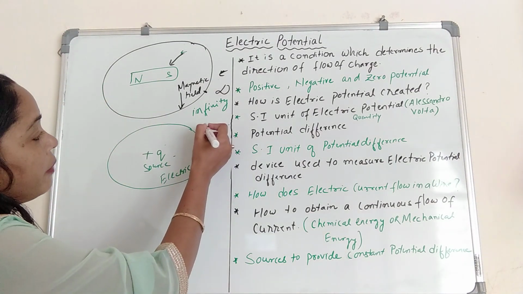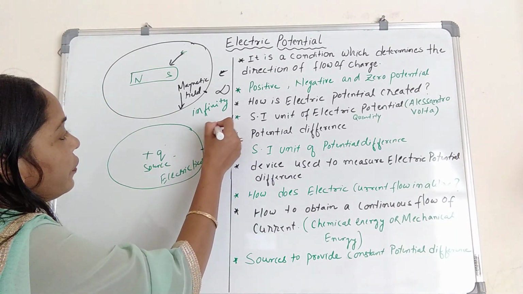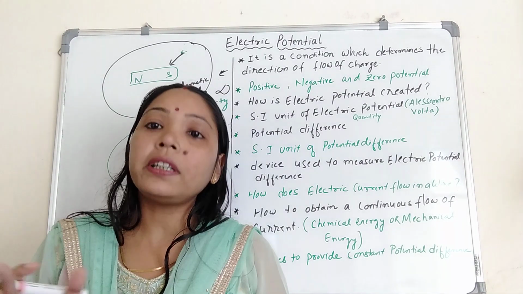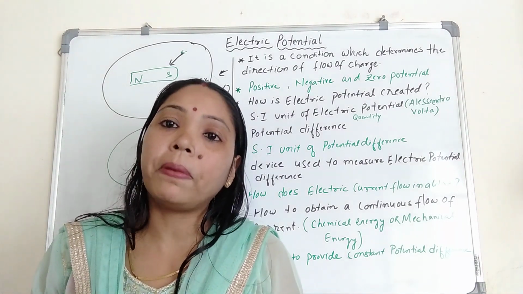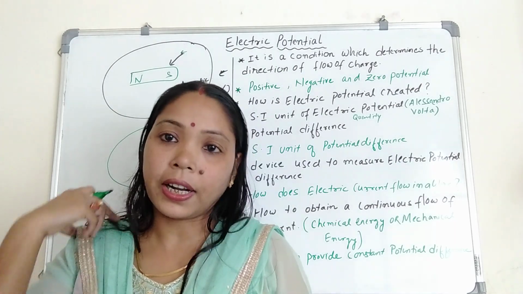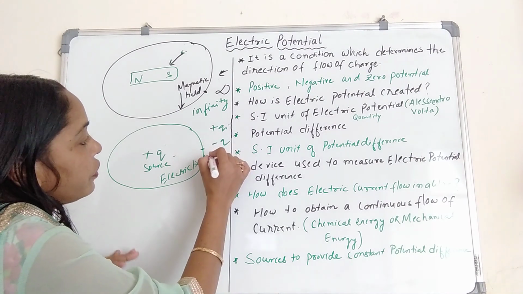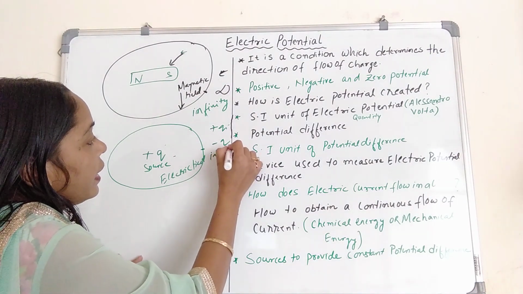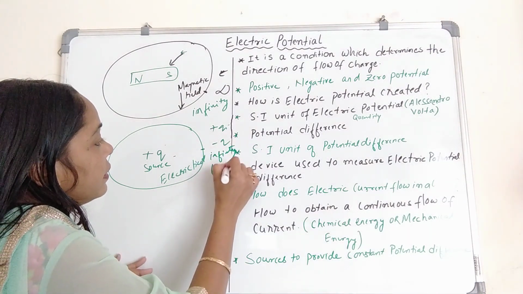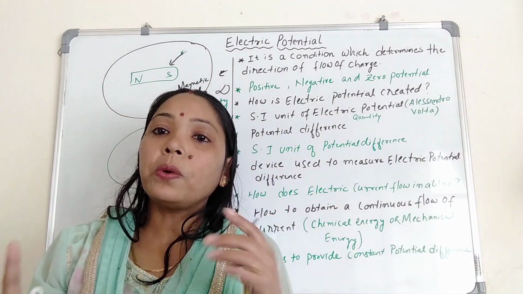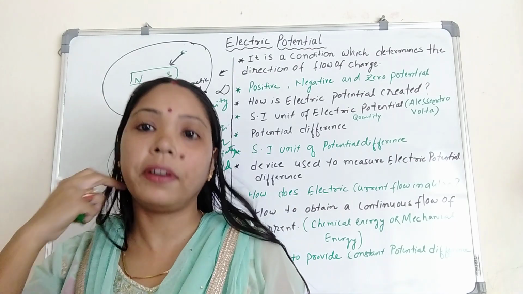Now if you have any charge beyond this field, positive or negative, then it is not attracted or repelled by the source charge. It means now these two charges are in which field? They are in the infinity field. So in the infinity field, there is no attraction or repulsion.